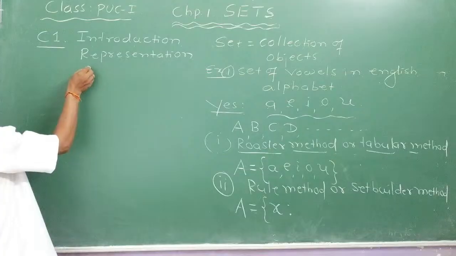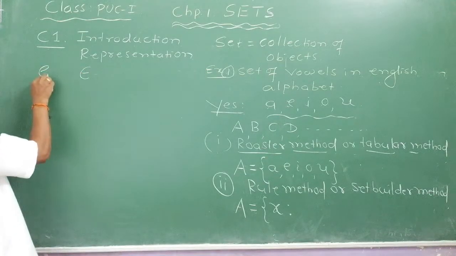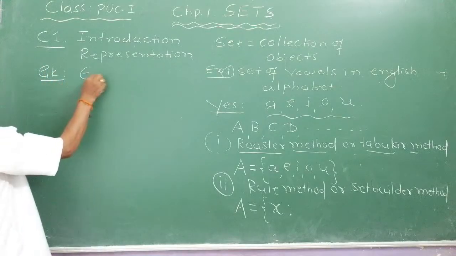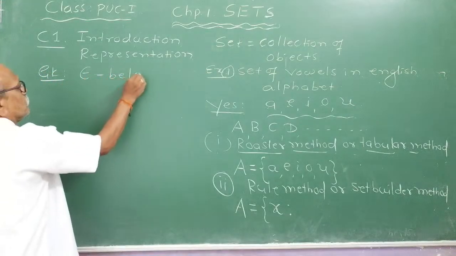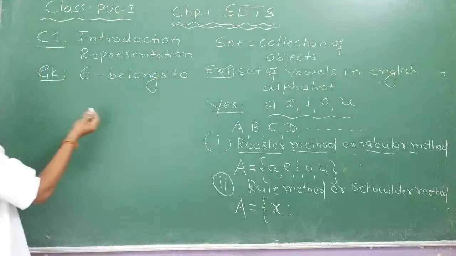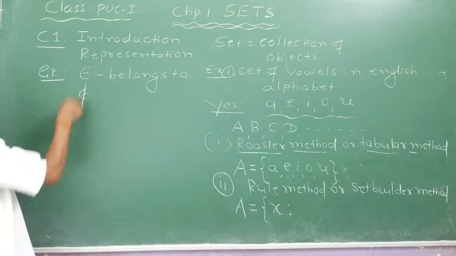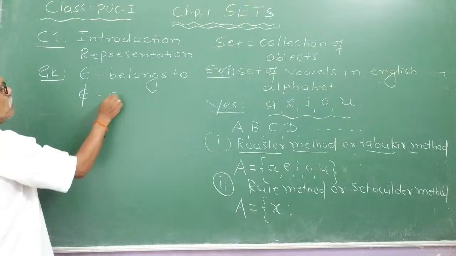This particular Greek symbol, called epsilon, means belongs to. Remember these symbols we are using in the set theory, and if a slash is written on it, it means does not belong to.